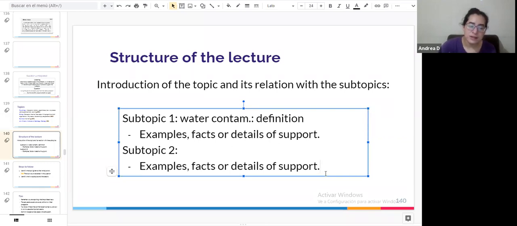You may have different things, but no matter what, you will always have two subtopics. That's something else that differentiates this from the last one. For example, you could have something like water contamination and air pollution, two types of pollution. Now, sometimes, usually, you will have these very specific terms here.